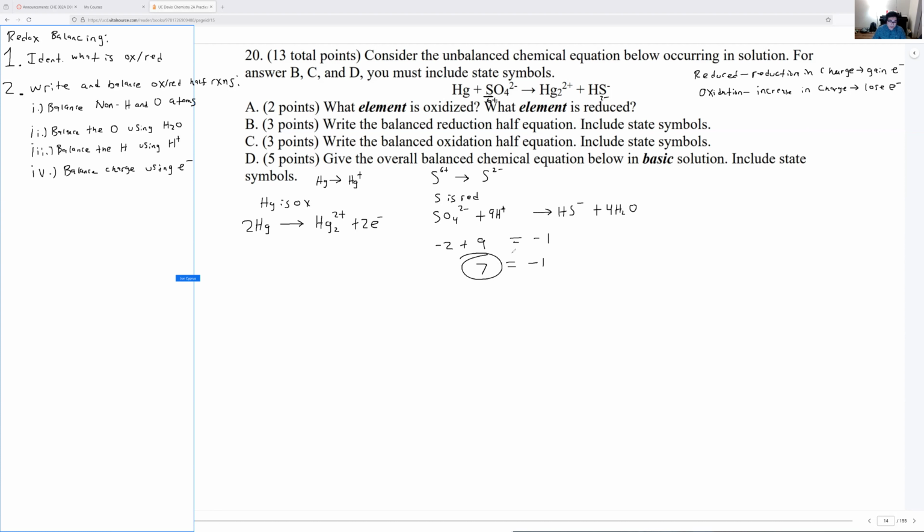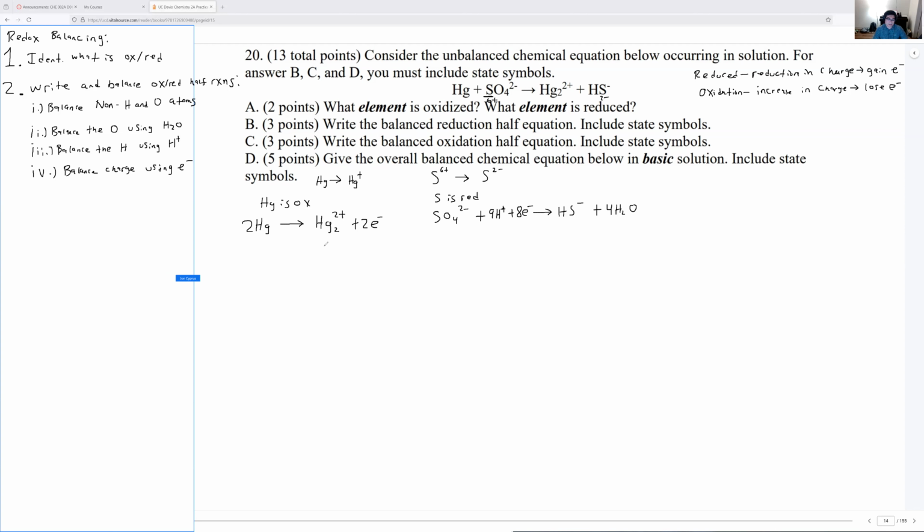So I need to bring the charge on the left down by 8. So I need to add 8 electrons here to get to -1. So I can add the 8 electrons here, and then this should be balanced. It is. Great. And then that's done. So the charge is now balanced. So now you've basically done the hardest part at this point. You balance the half reactions.